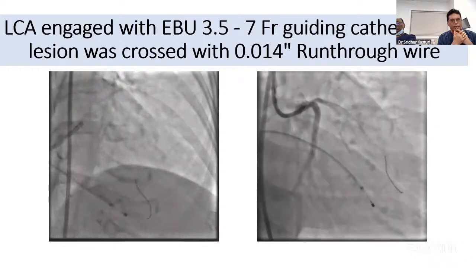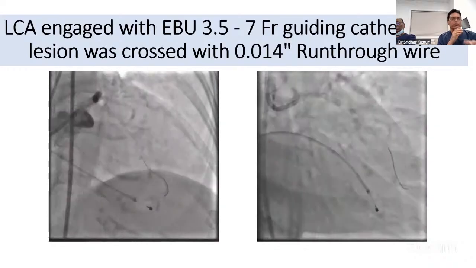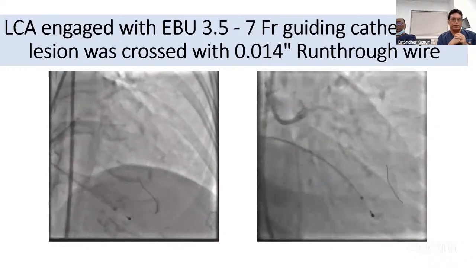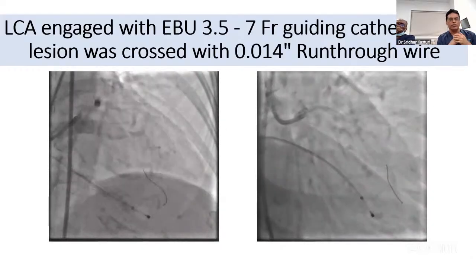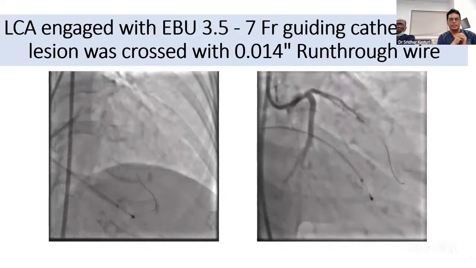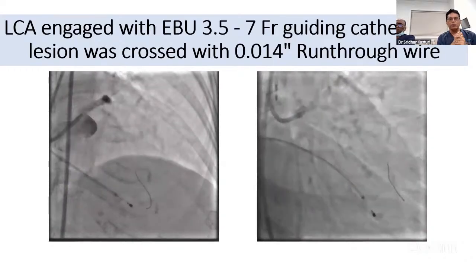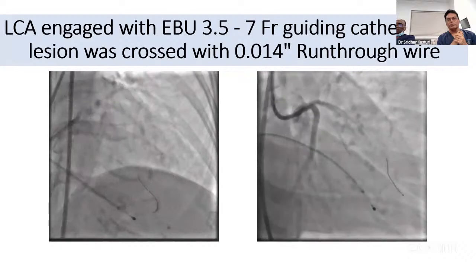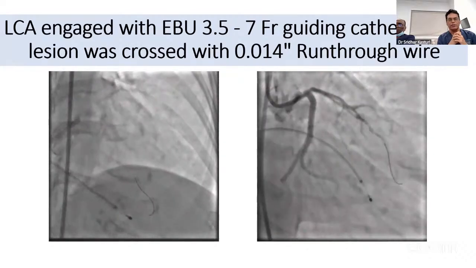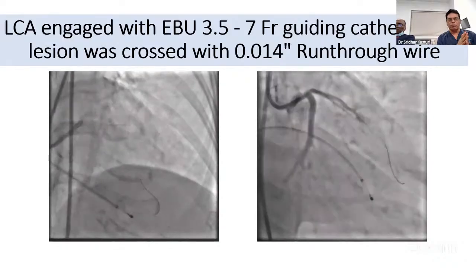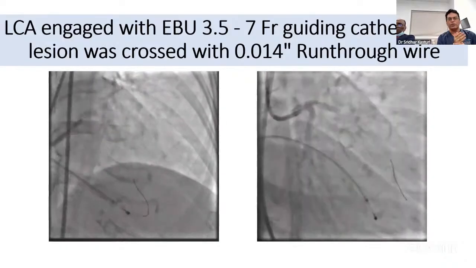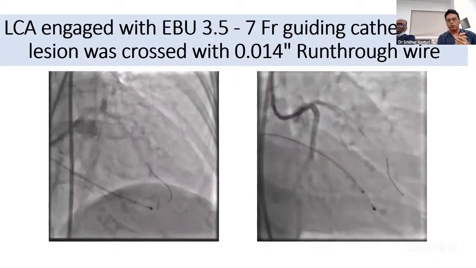Here, the LM ostium appears to be reasonably good. If you see the epicardial vessel, it appears to be reasonably good. There is some reflux. That's the reason we have gone with EBU 7 French, because the patient requires some plaque modification and everything. If something goes wrong with the LCX, better to protect it, and we may convert the initial strategy, which is provisional.